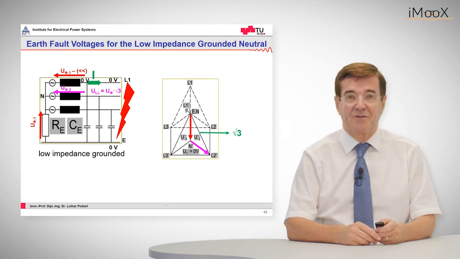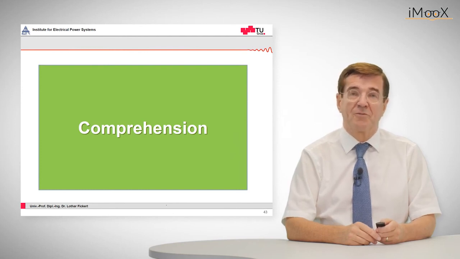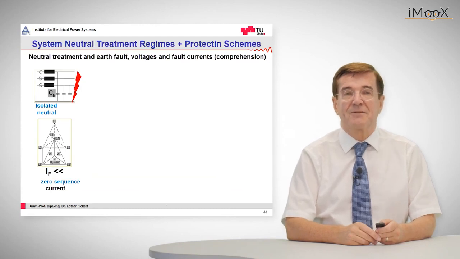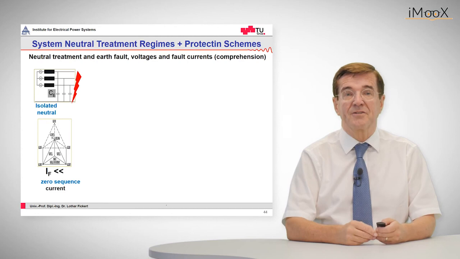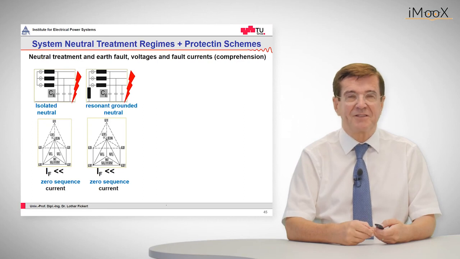So a short summary of these 4 types of transformer neutral point treatment. First we started with the insulated neutral, which is characterized by relatively low currents, and in this case the zero sequence current is decisive for protection behavior. Then we have the resonant grounded neutral, which is very similar.